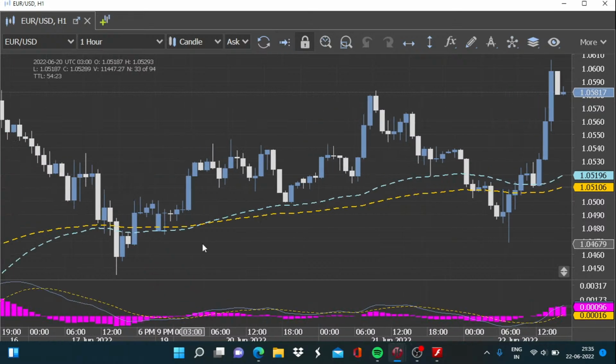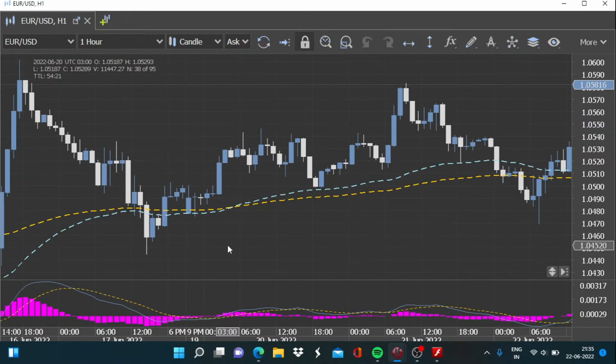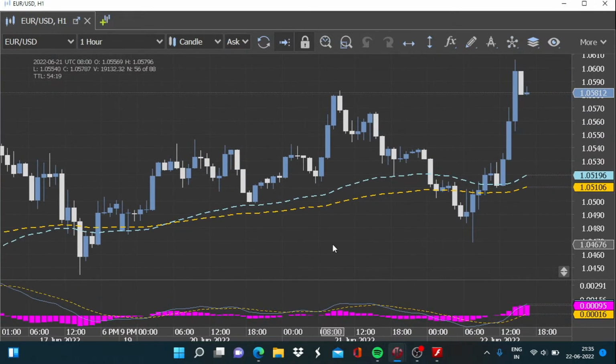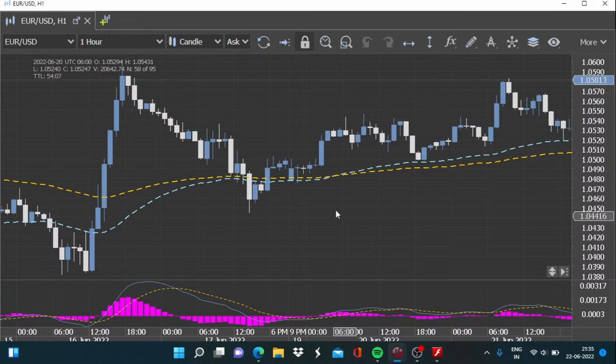So 25 hours back the formation should have been on the opposite spectrum. If the momentum is bullish now, priorly it should have been bearish, so that's what the requirement is going to be. So whenever this crossover happens here, it takes place at around 4 or 5 GMT.